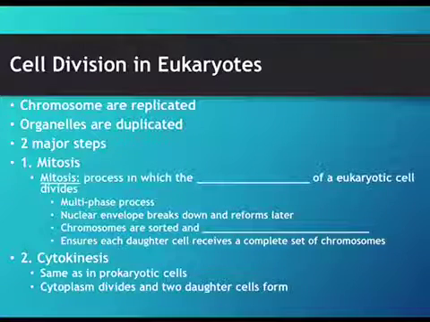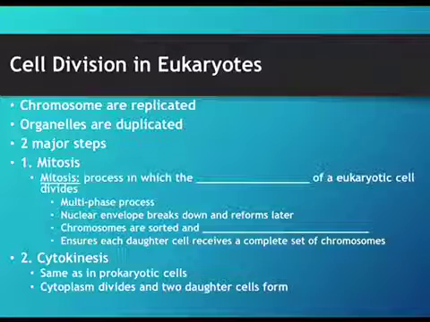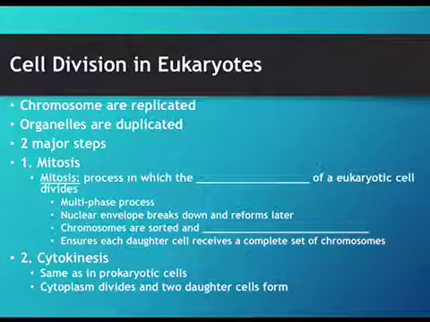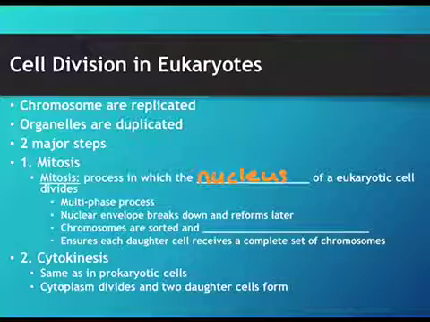And then when we look at cell division in eukaryotes, remember it's going to be more complex. Those chromosomes have to get replicated as well as the organelles getting duplicated. This happens in 2 main steps. The first one is called mitosis. Mitosis is a multi-phase process in which the nucleus of a eukaryotic cell divides.